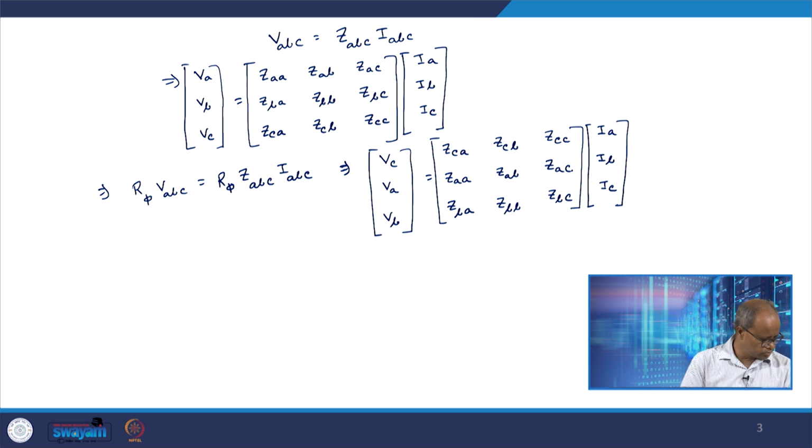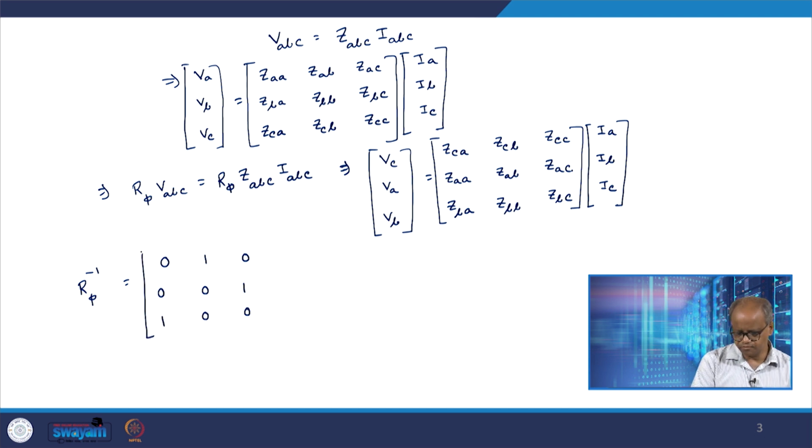Now, R phi is a non-singular matrix. Because it is non-singular, its inverse exists. Let us write R phi again to find the relation. R phi is 0 0 1, 1 0 0, 0 1 0. Its inverse is 0 1 0, 0 0 1, and 1 0 0.